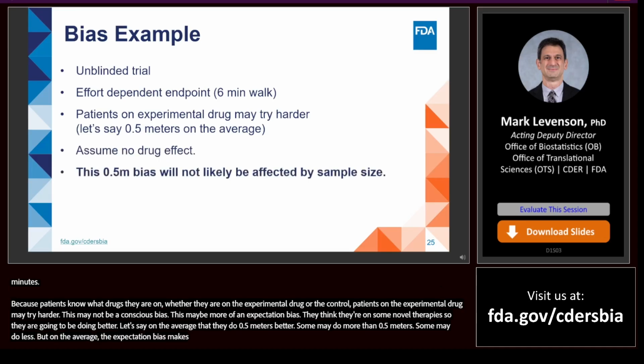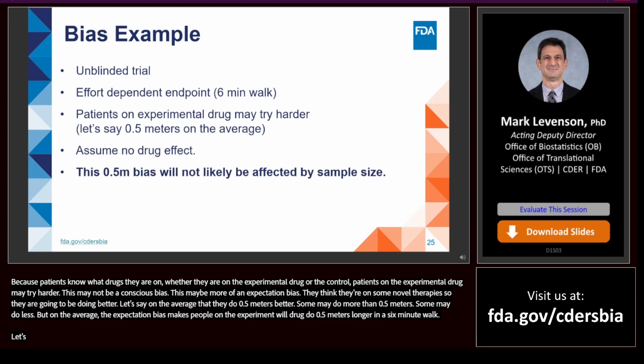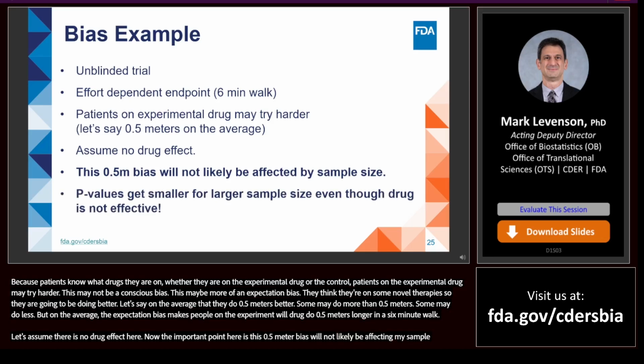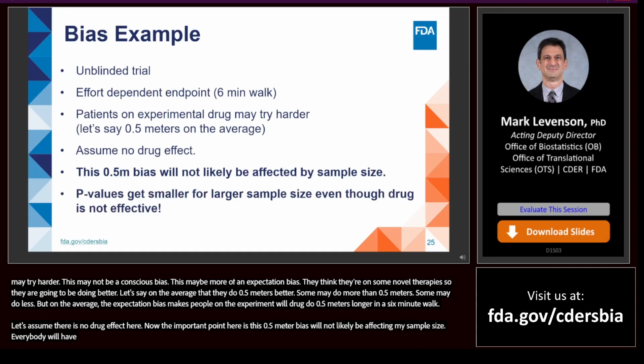Now, the important point here is this 0.5 meter bias will not likely be affected by sample size. Everybody will have, on the average, this 0.5 meter bias. It's going to appear no matter what sample size you have. So p-values will get smaller for larger sample sizes, even though the drug is not affected.